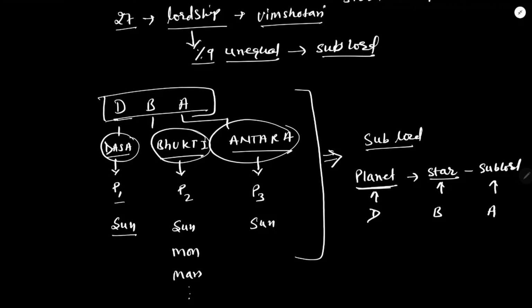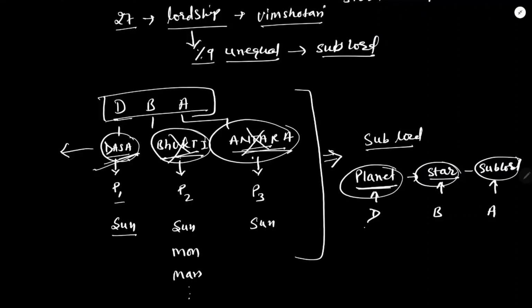So when we are assessing Dasha, Bhukti, and Antara, if all three are favorable, then we say that the event will happen. If Dasha is favorable, Bhukti is not, and Antara is not, then that event will not happen. If Dasha is favorable, Bhukti is favorable, and Antara is not, then it will not happen. In the same school of thought, we say if the planet is favorable, the star is favorable, and the sublord is favorable, then that event will happen.